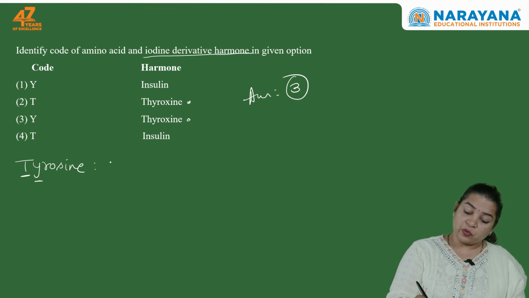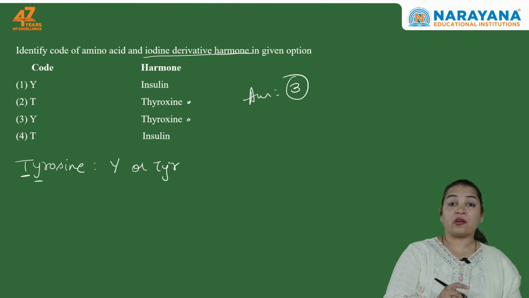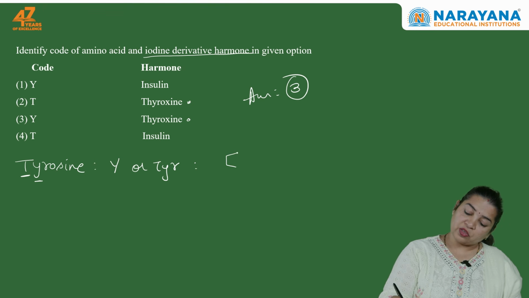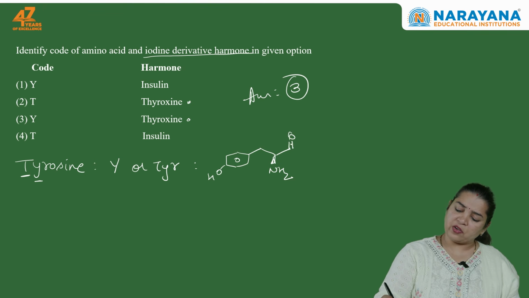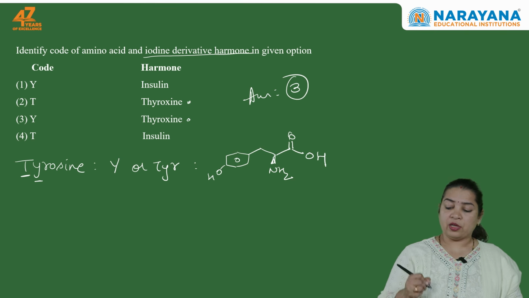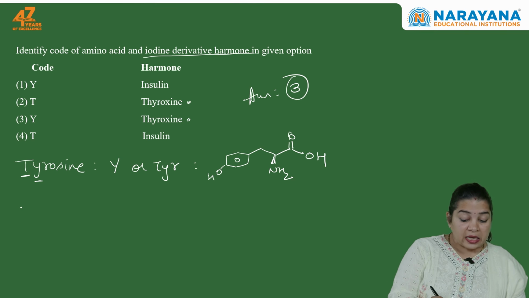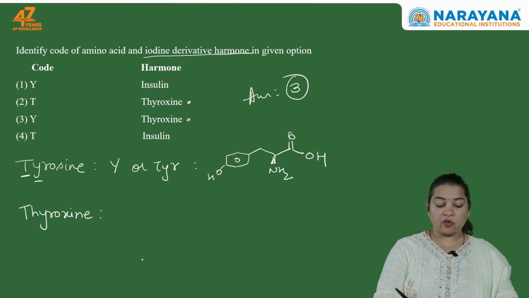This tyrosine, represented by Y or TYR, has the structure OH, CH2. If I want to draw stereo, I'll draw a wedge, otherwise no need. I have drawn the alpha amino acid. So this is my tyrosine. This tyrosine is used in the body for making the hormone thyroxine.